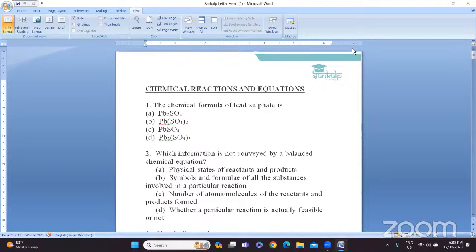In the previous classes, we have discussed chemical reactions and equations. We have seen the synopsis, then the multiple choice questions, which we discussed in our previous classes.